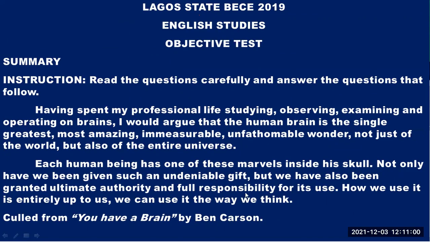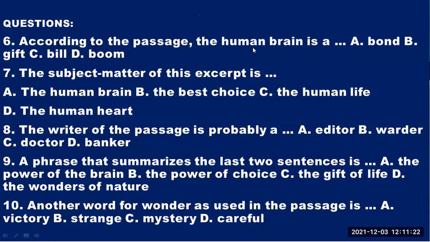Not only have we been given such an undeniable gift, but we have also been granted ultimate authority and full responsibility for its use. How we use it is entirely up to us. We can use it the way we think. So this is about choice. So we look at the 2 sentences, and it is about choice.